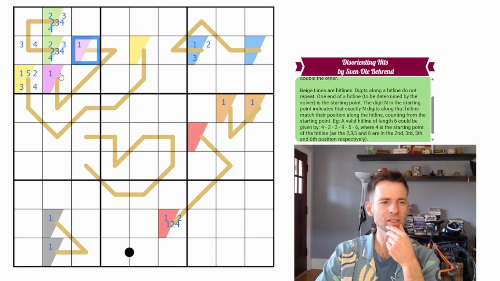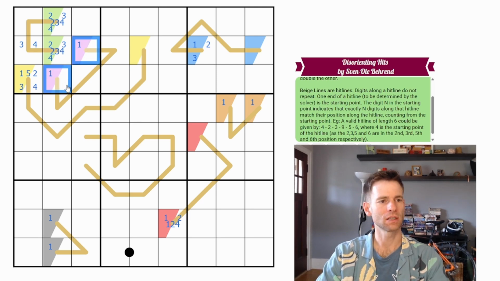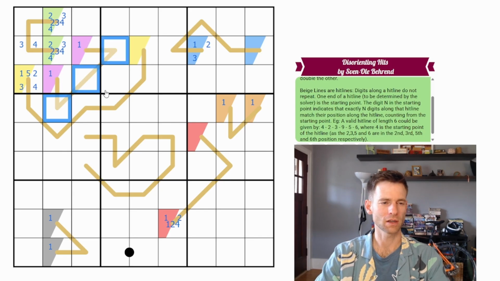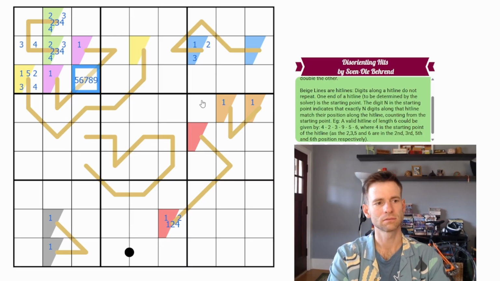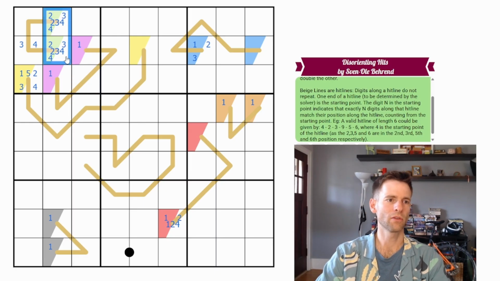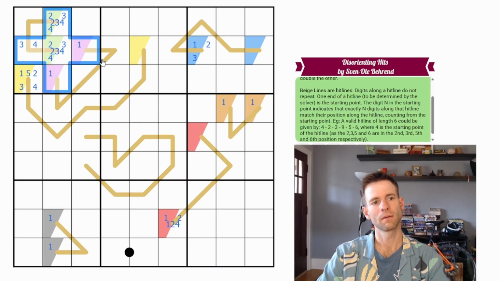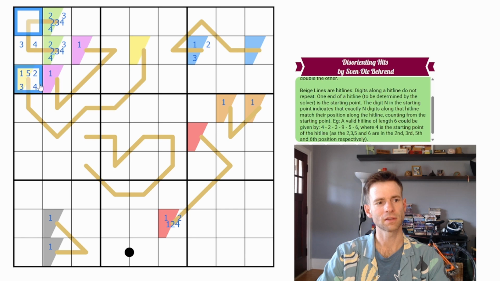Well, I guess that just tells us that in this 5-cell beige line, none of the other cells can match their position. So it's not really a strong constraint that we can do anything else with. Basically it's saying this is anything but a 3. This could be a 5, 6, 7, 8, 9. I guess that's all. And then we do have a 1, 2, 3, 4 pair in here. So all of these are from 5, 6, 7, 8, 9.